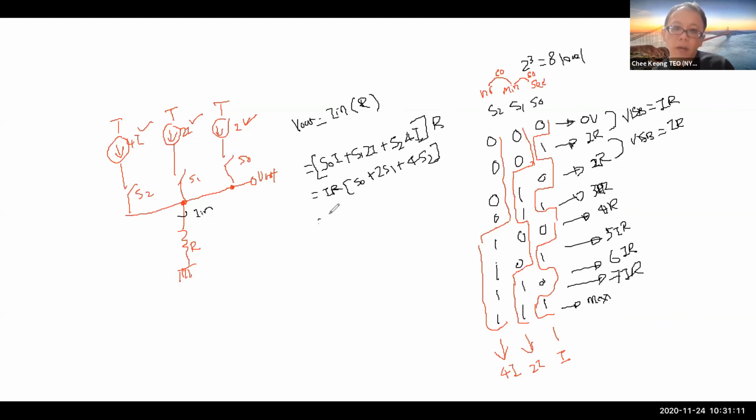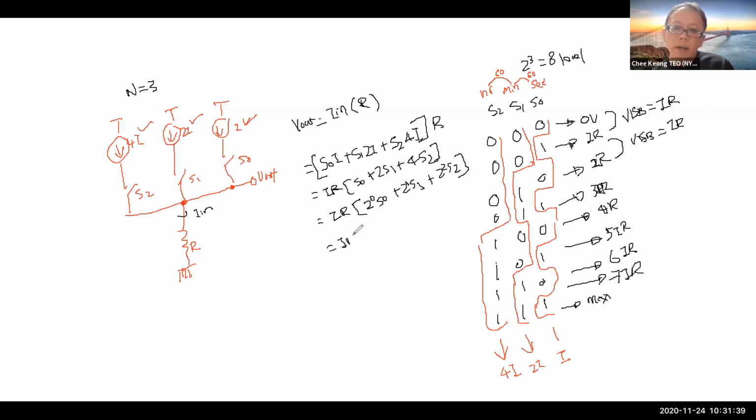Then again, this is also equal to 2 to the power of 0 S0 plus 2 to the power of 1 S1 plus 2 to the power of 2 S2. Agree? Now this is a 3-bit, n equals 3, right?